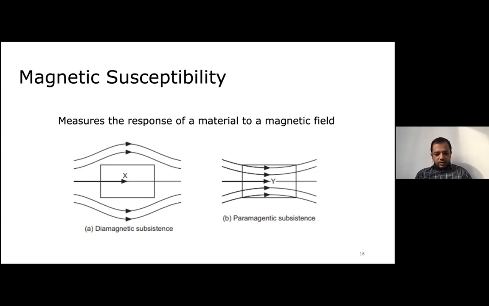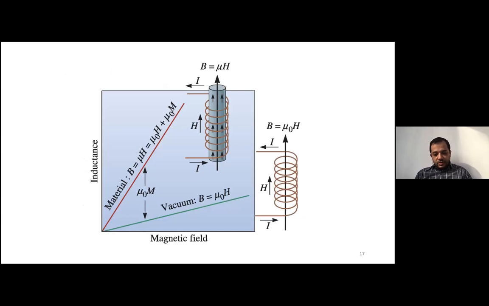You see here the flux goes around a diamagnetic substance such as wood. But some other elements like lithium, for example, that are paramagnetic, the flux runs through them. And the susceptibility of these two materials is different.